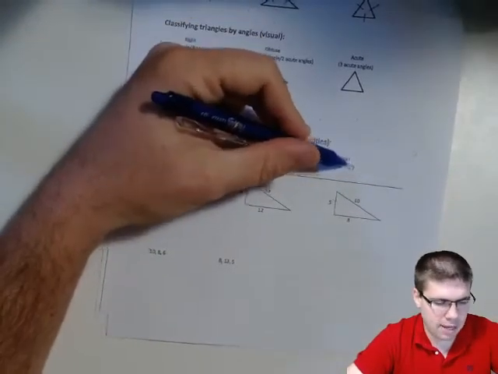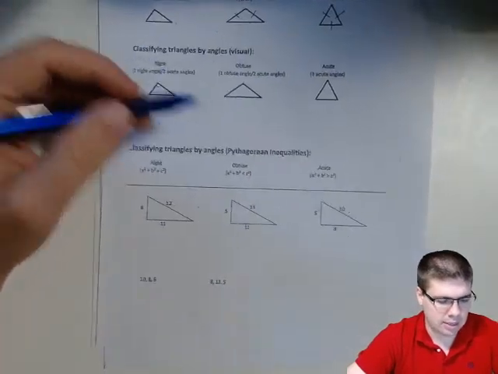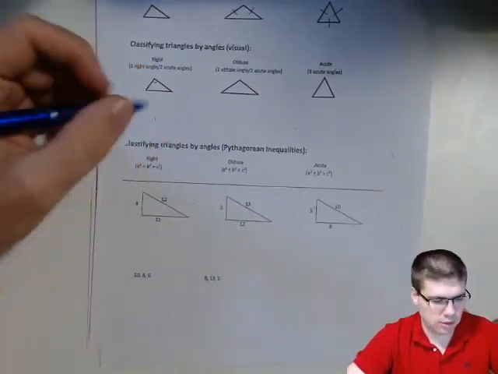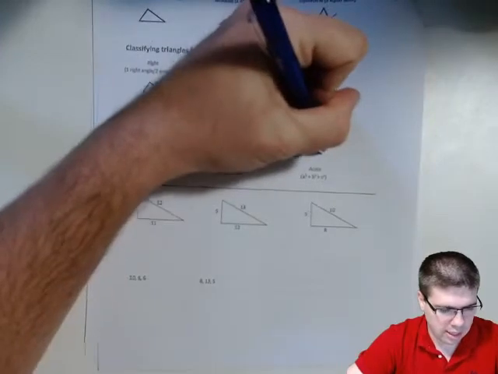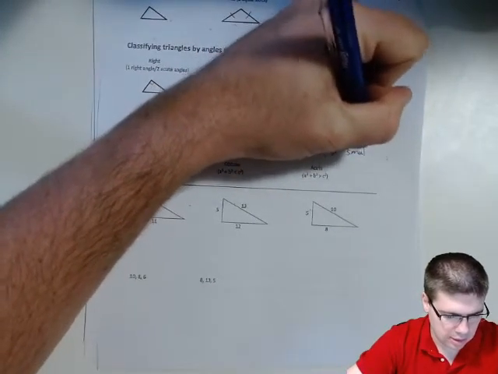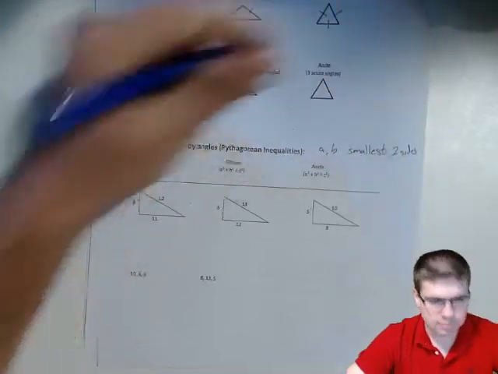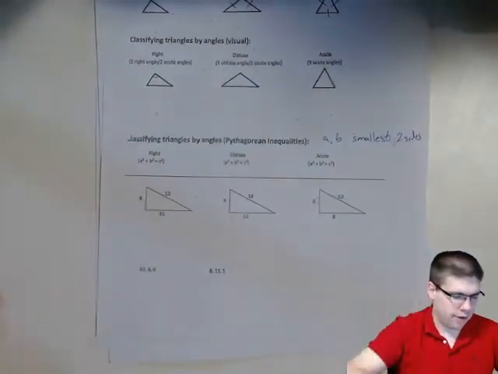And if that biggest side is too small, then it's an acute triangle. Make sure you get that: a and b are the smallest two sides when you're doing this. All right, so let's verify on these.